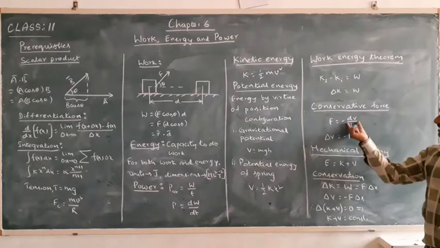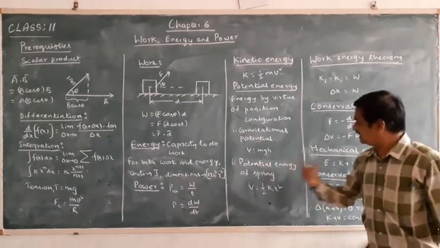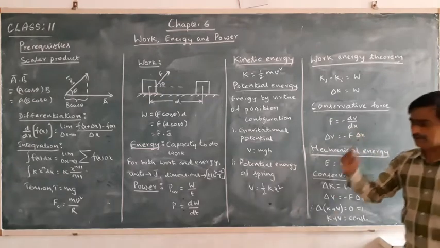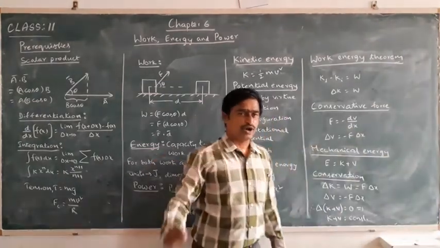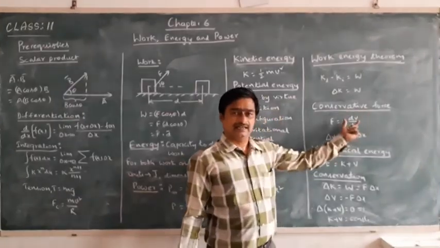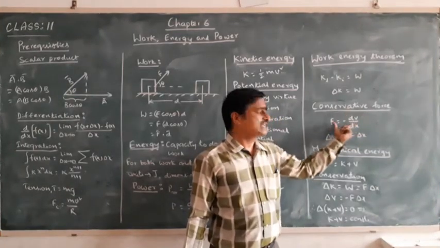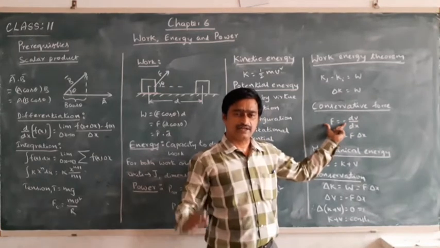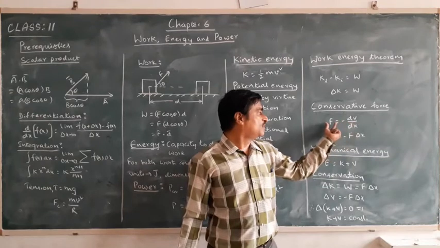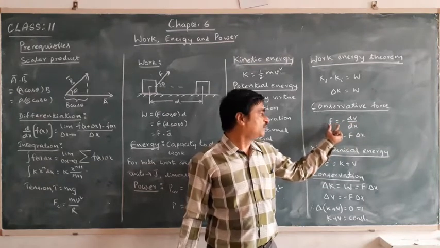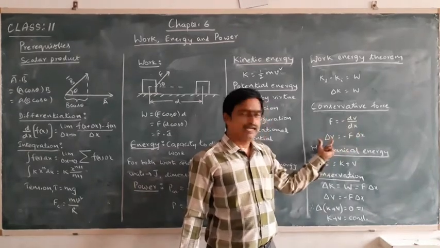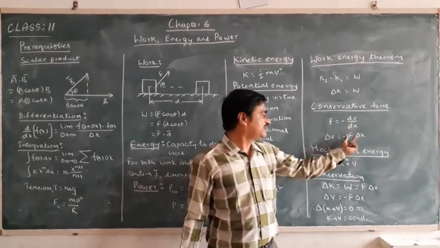If the work done in moving a particle from the initial point to the final point is independent of path, and depends on the initial and final points only, then that type of force is called a conservative force. The relation is F equals minus dV by dx, or we can simply write this as delta V equals minus F dx.